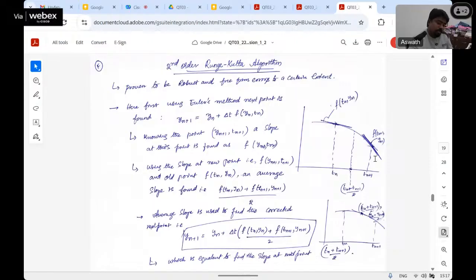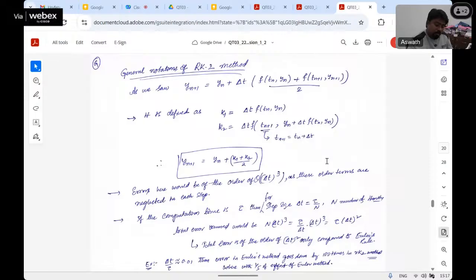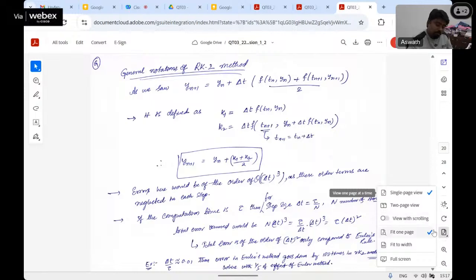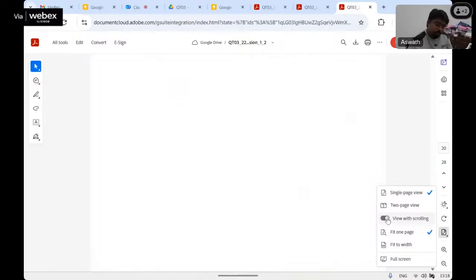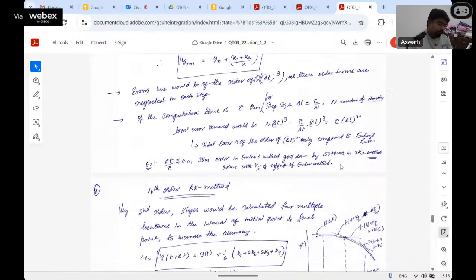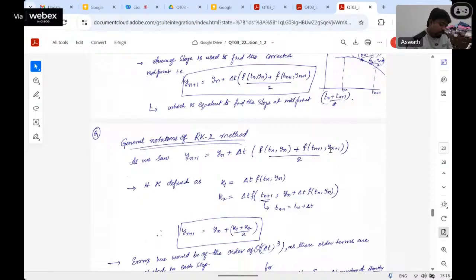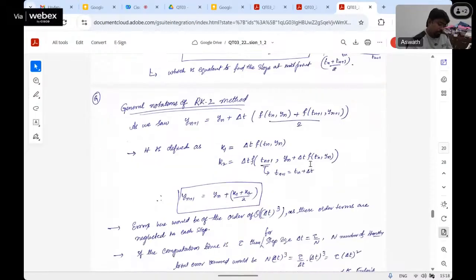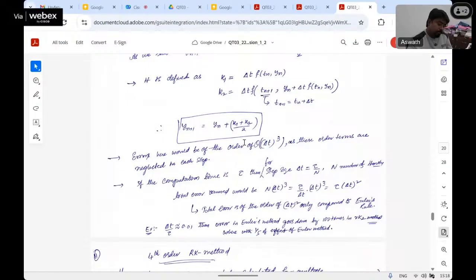Now the second order RK2 method, the geometrical interpretation I have given here. This we discussed. So in the RK2 method, there are two slopes, then the average.